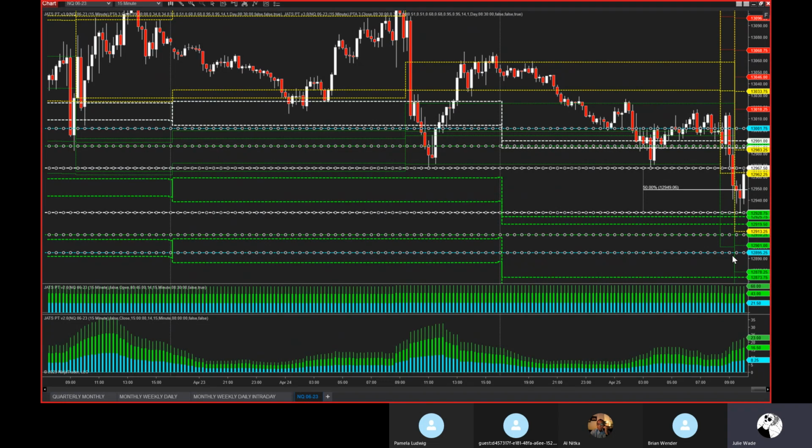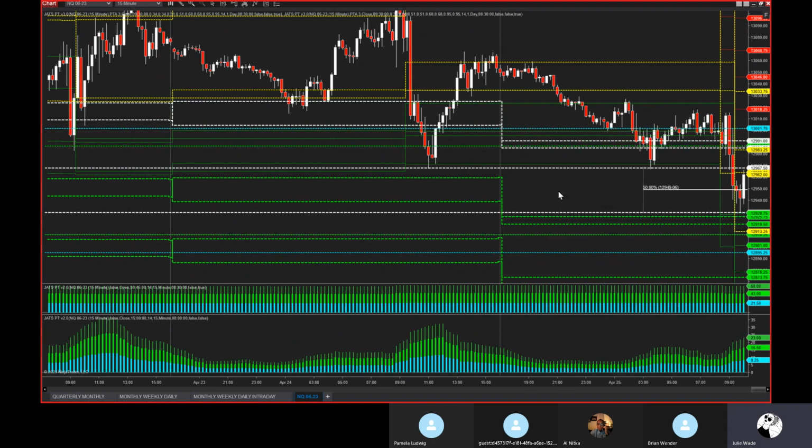I think of this PT indicator like a little Swiss Army knife. There's so much you can do with it. So we haven't talked about VWAP or anything like that. You obviously can add any additional indicator or volume profile or whatever you would like.